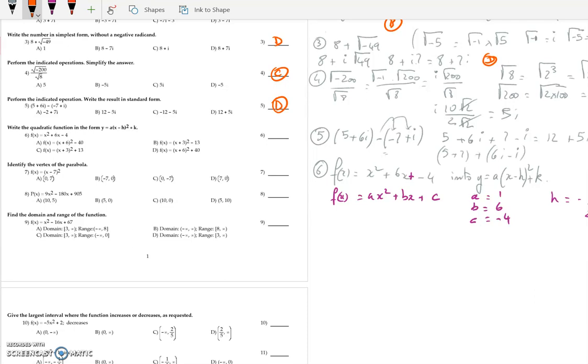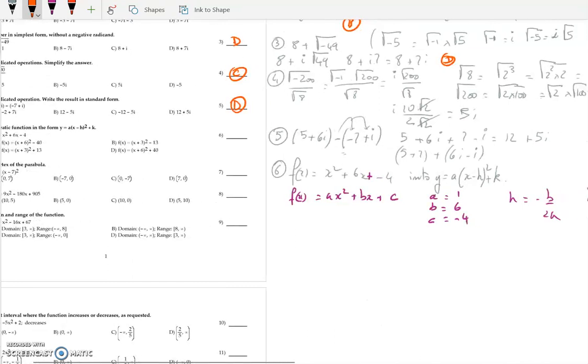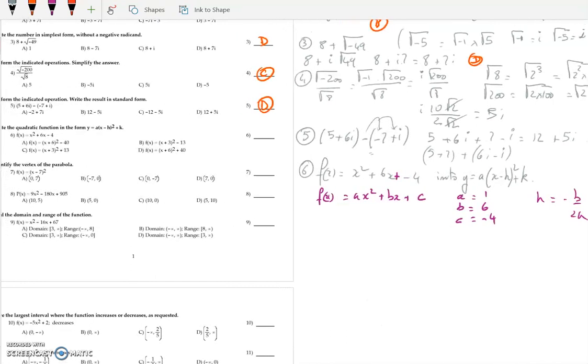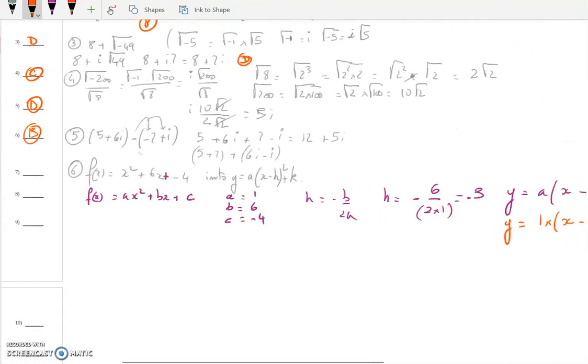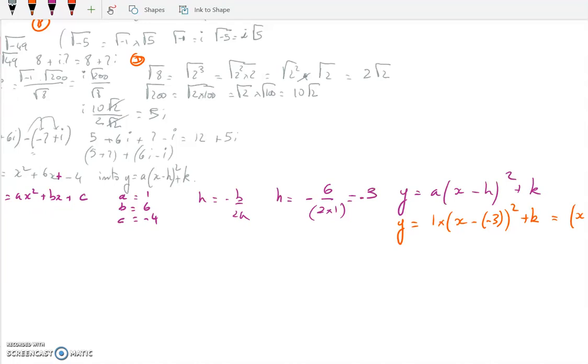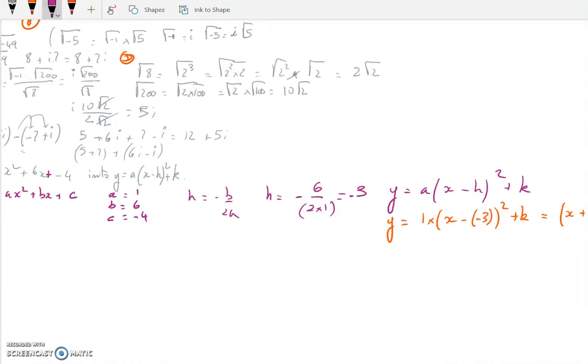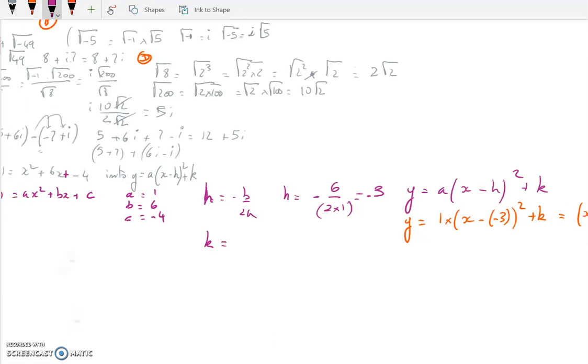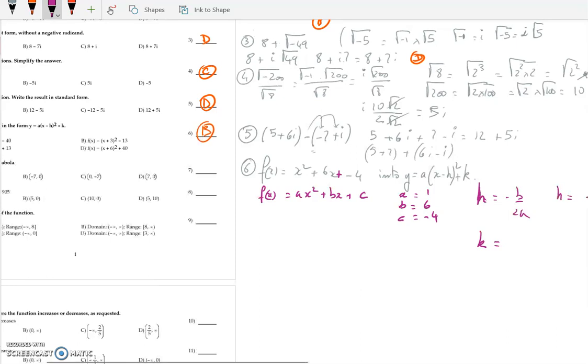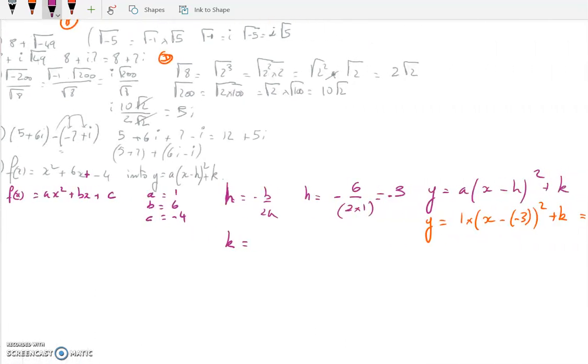So for sure, the answer has to be between B and C. And the answer for question 6 was B, because when you calculate k, and I encourage you to look at the expression of k in your notes, you are going to have k equal negative 13.